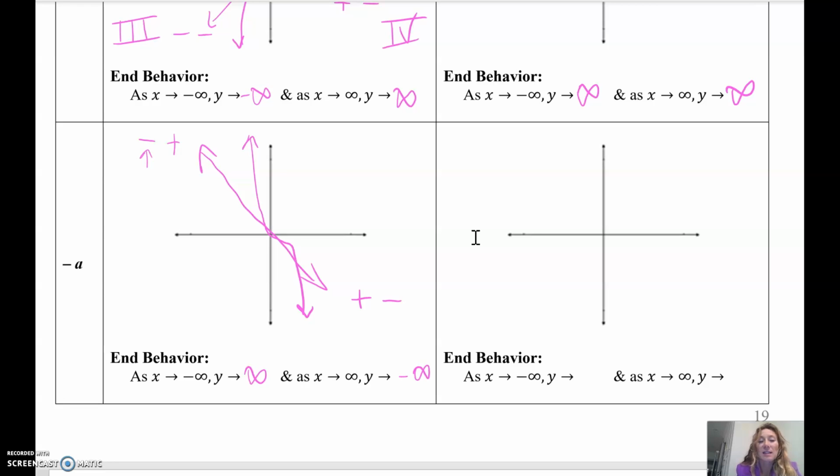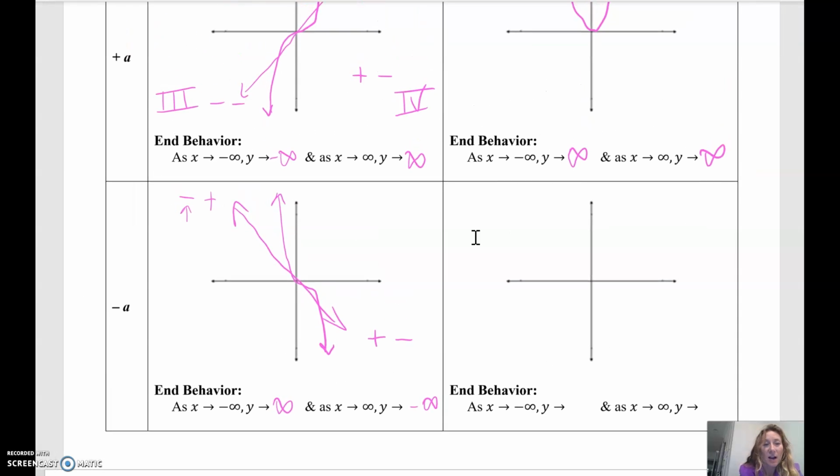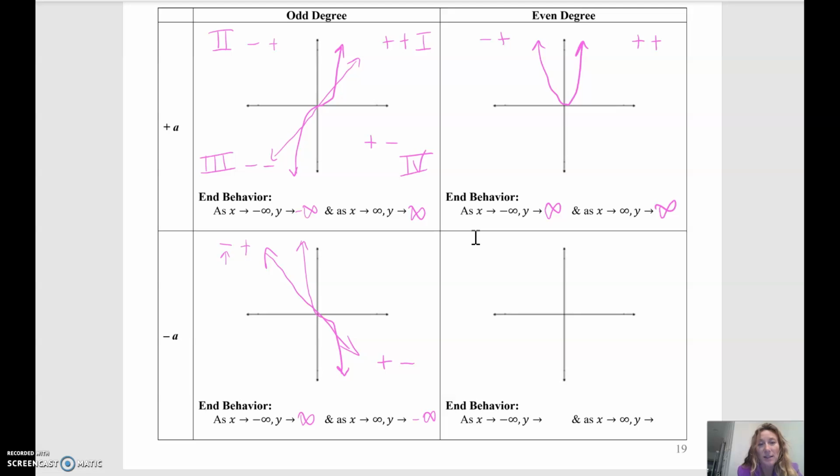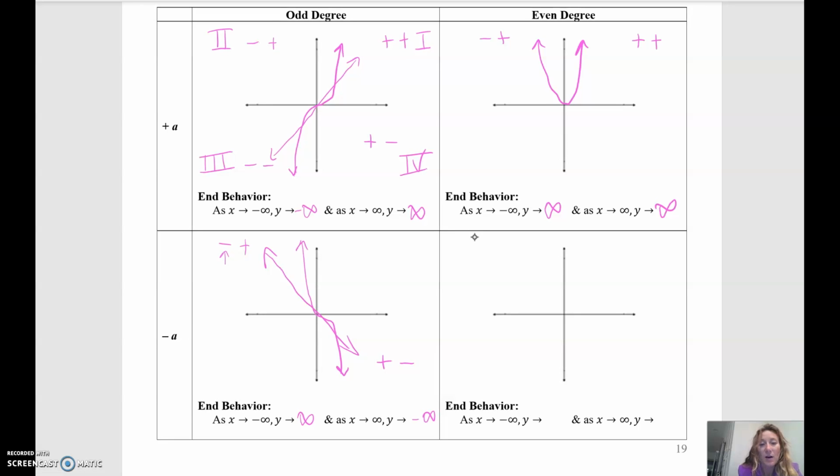So we do say that this is opposite end behavior because for each of these odd degrees, the y goes towards a negative and a positive, or in this case, a positive and then a negative.